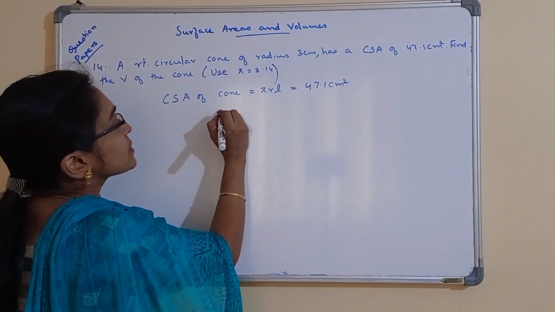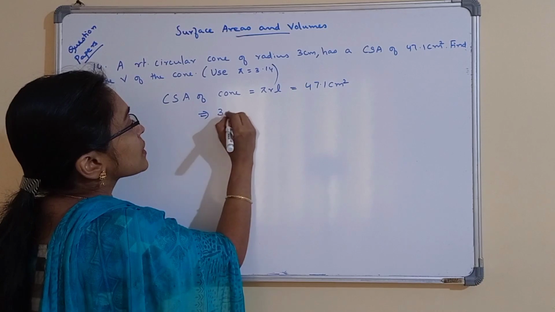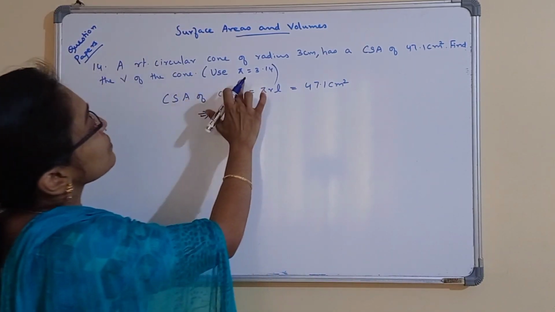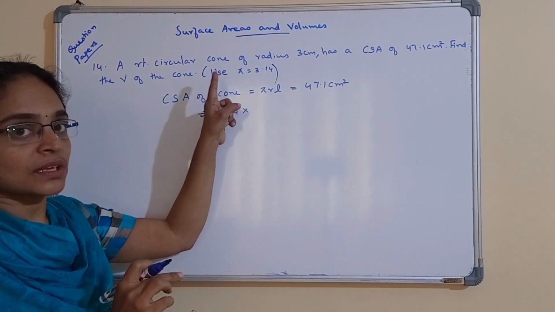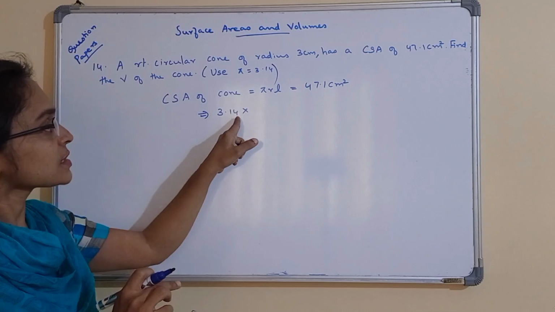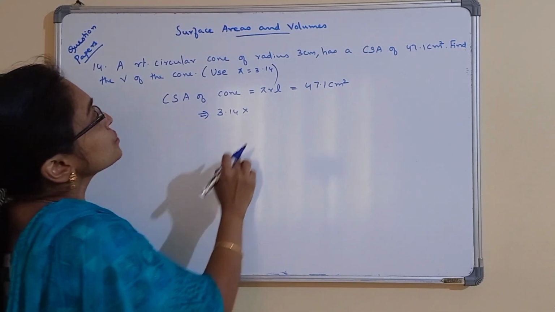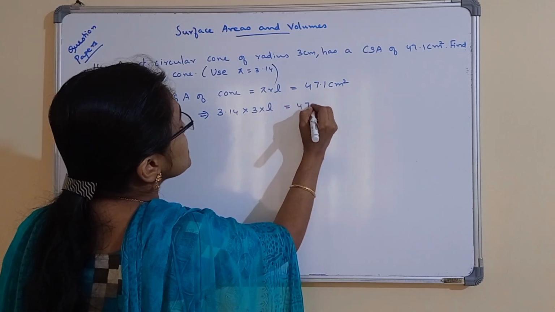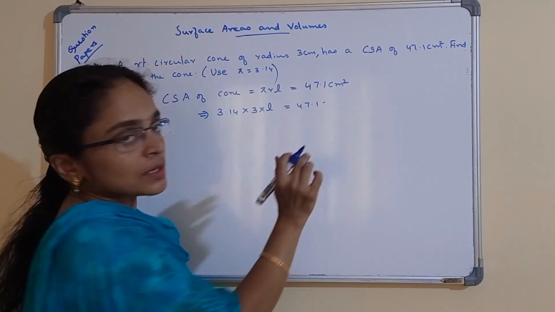and that is equal to 47.1 cm square. Given that use pi equal to 3.14. That is why we have given this as 3.14 into r is 3 into L is equal to 47.1 centimeter square.